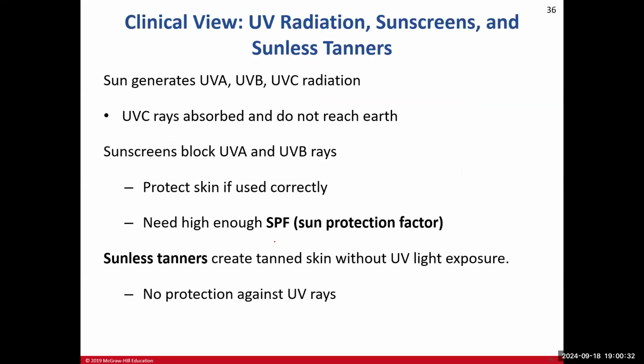So our first clinical view of the day, when we talk about radiation, sunscreens, and sunless tanners here, right? So I mentioned this before, okay? Sun produces these 3 different types of ultraviolet radiation. We don't have to worry about C because it doesn't make it to Earth. So who cares about that? But UVA and UVB are the ones that do make it to Earth.